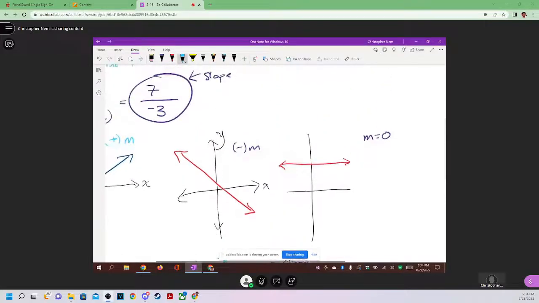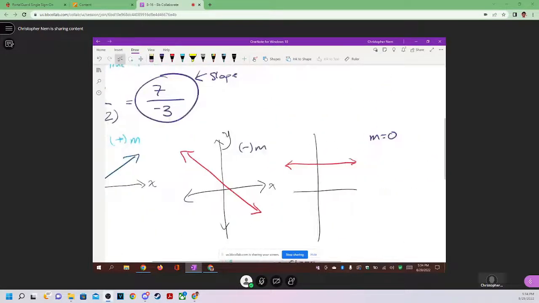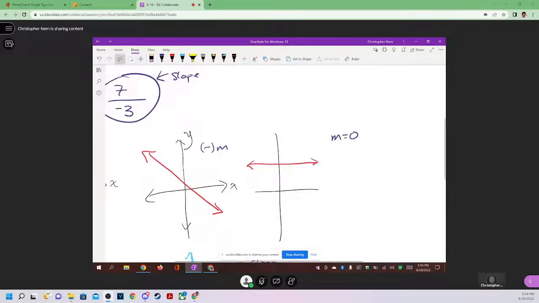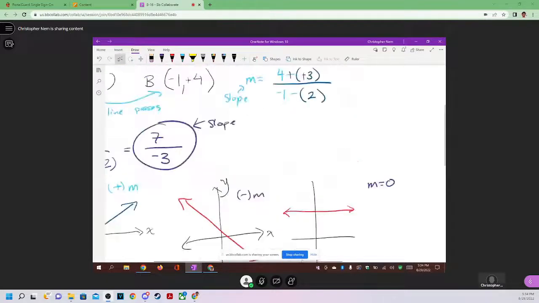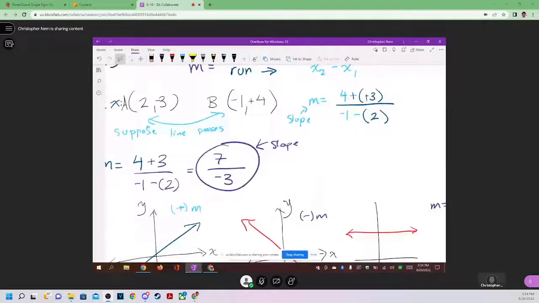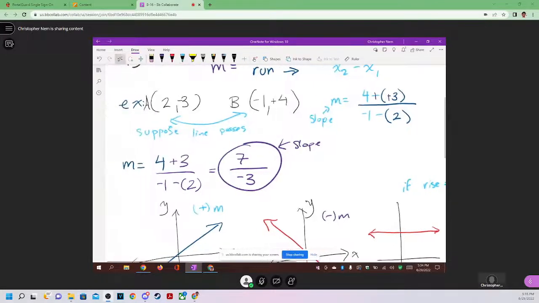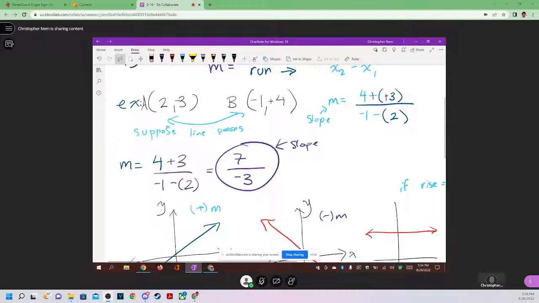So this is what your positive slope looks like. This is what your negative slopes look like. This is what happens if you have a slope of 0. And this is what happens if you have no slope. Now, you only get a slope of 0 if rise equals 0. If your rise is equal to 0, that's when you get a slope of 0. That makes sense, because 0 divided by anything is 0.